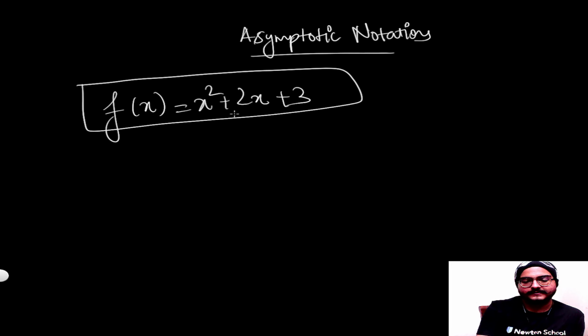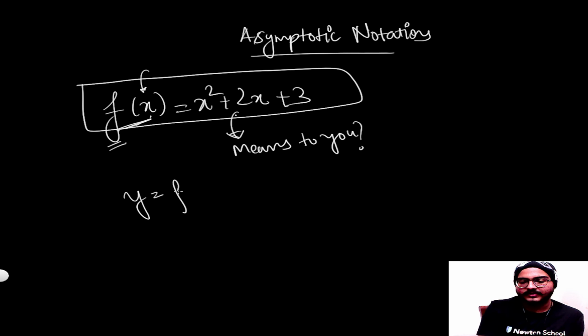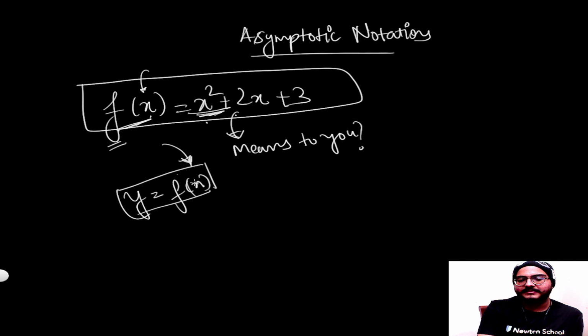What does this function mean to you? It means y is equal to f of x. My function is taking x as an input parameter, and it is giving this output.